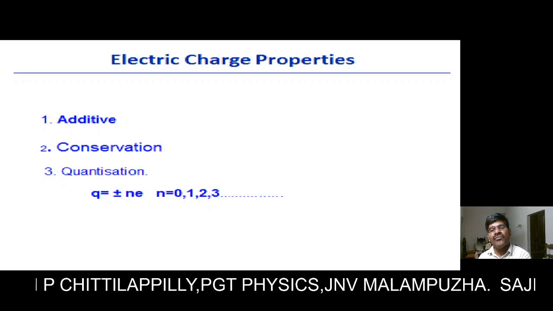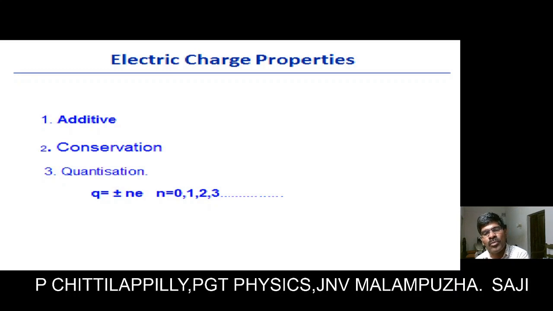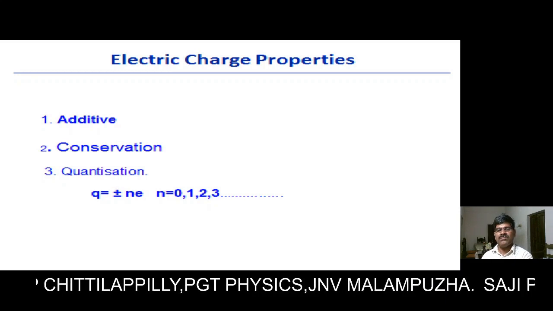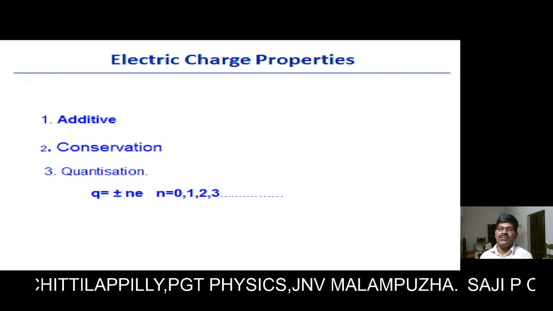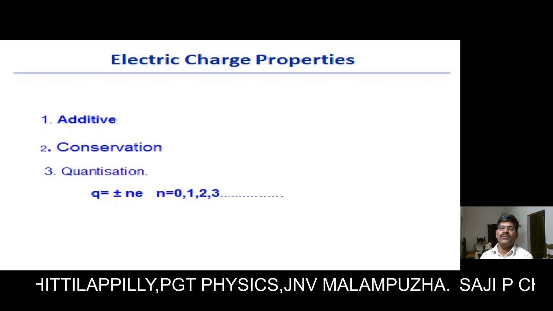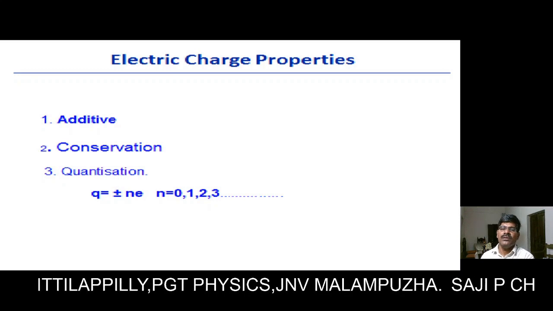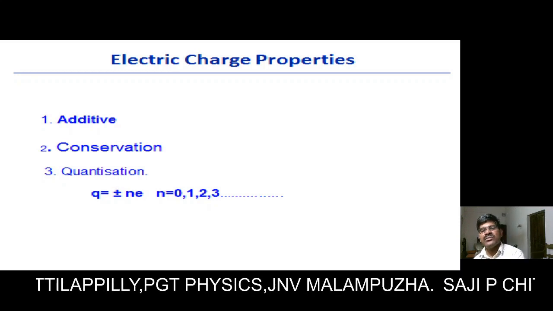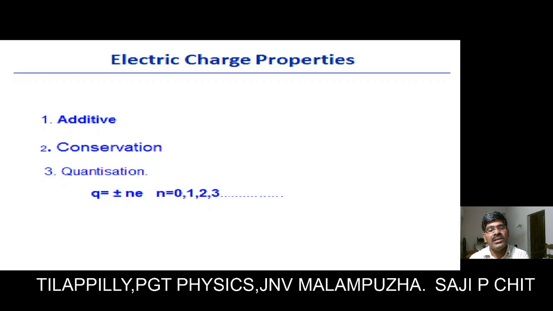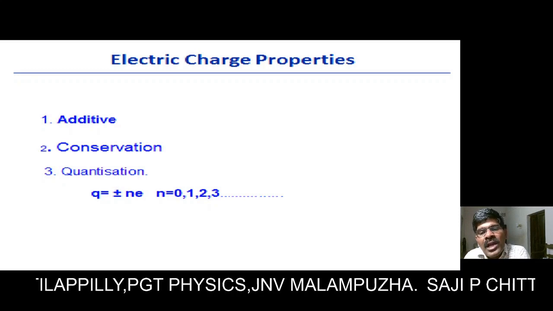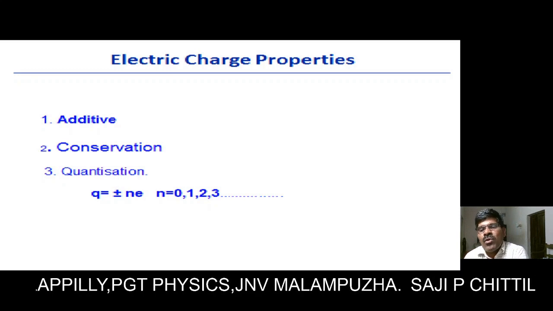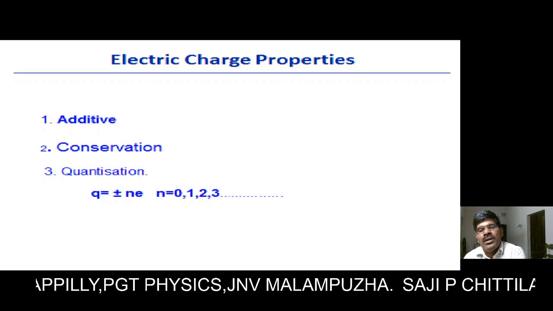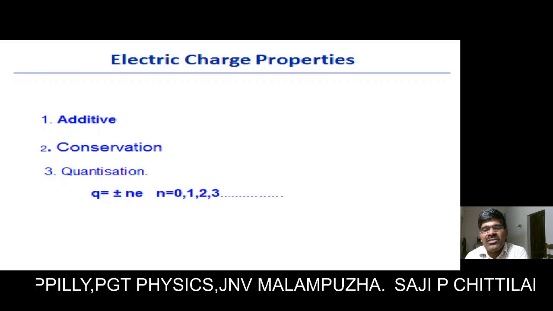One electron charge is 1.6 times 10 to the power of minus 19 coulombs. For every charged body, the amount of charge can be represented as integral multiples of this fundamental charge, that is the charge of the electron, and that is quantization of charge.